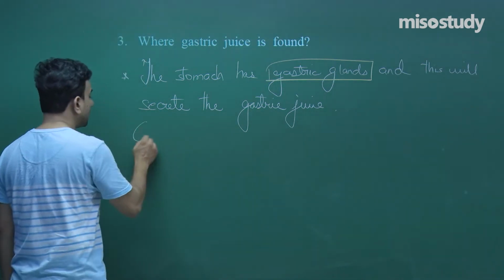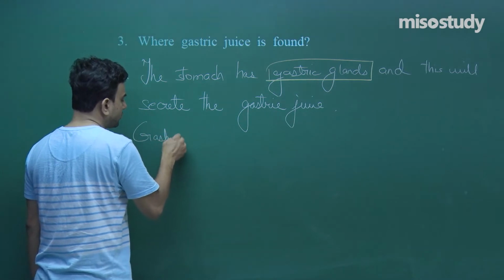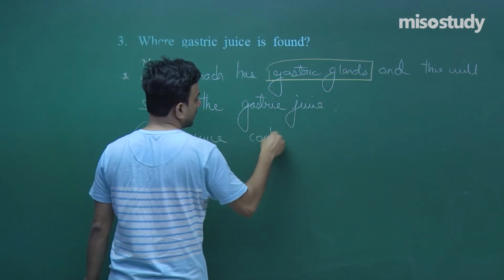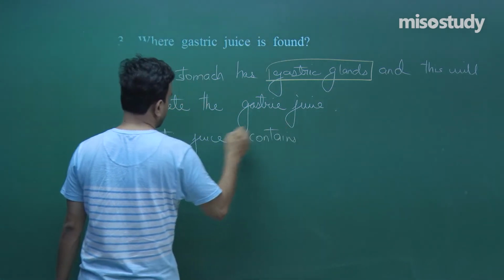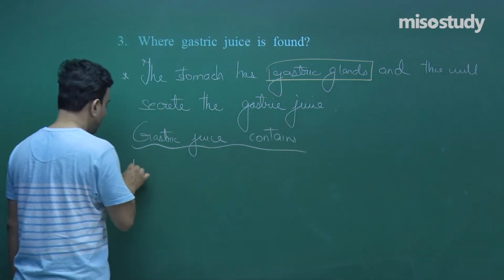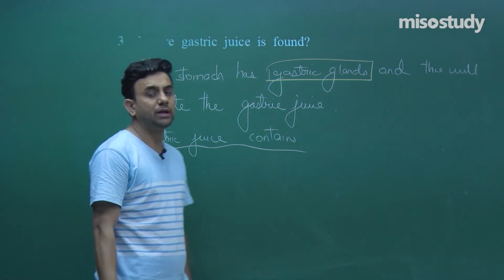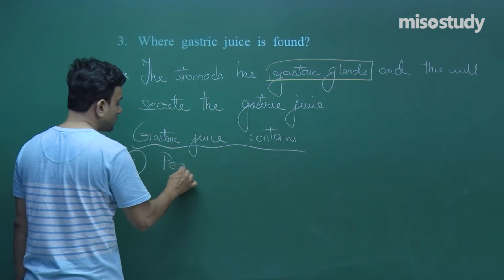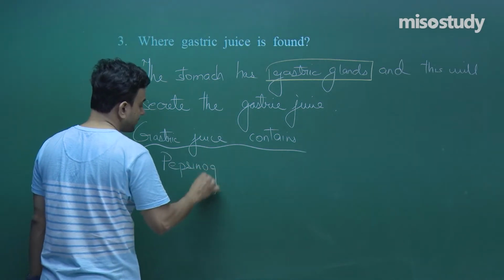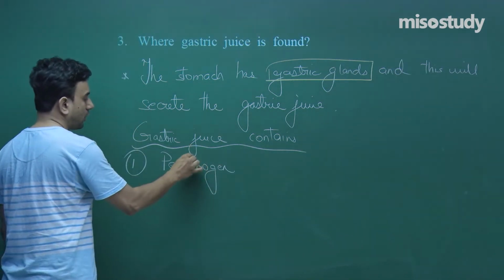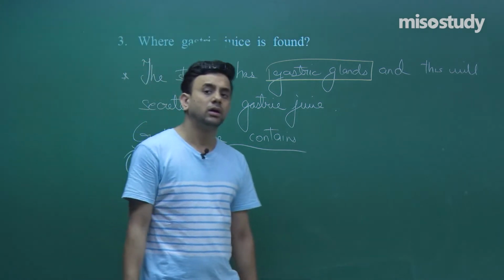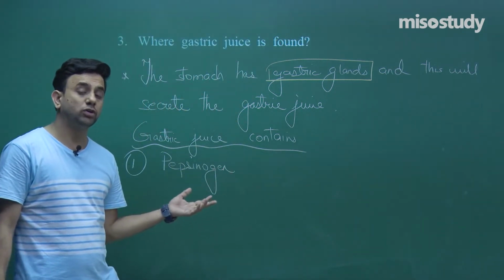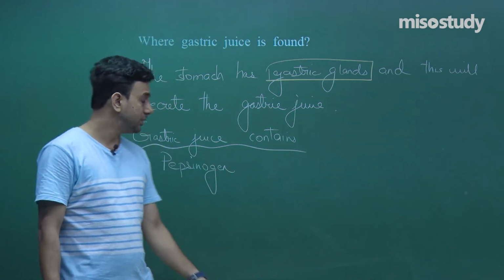The gastric juice contains, first of all, the pepsinogen enzyme, which in the presence of HCl will form pepsin. That HCl will be released by the oxyntic or parietal cells, which we have already seen.